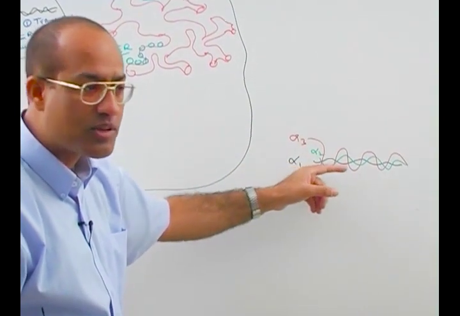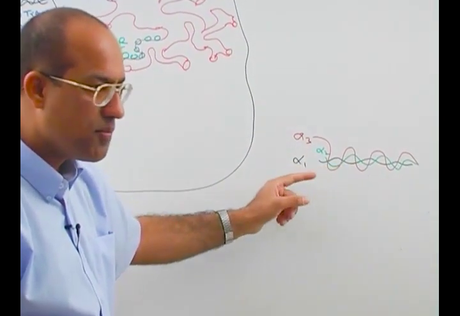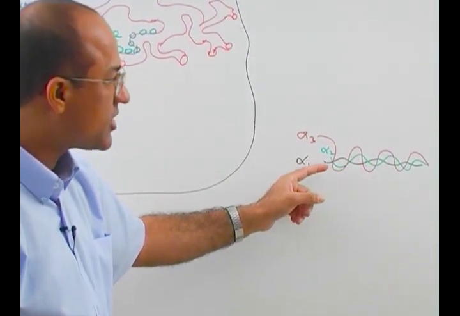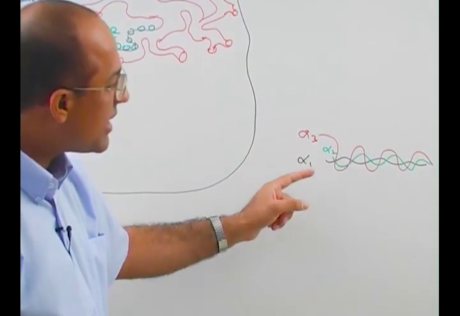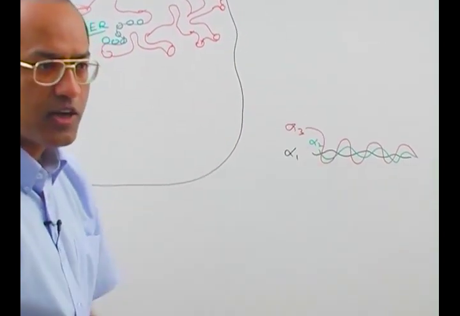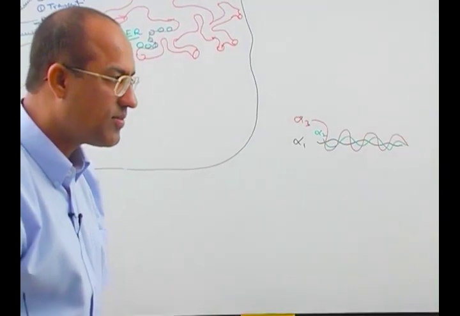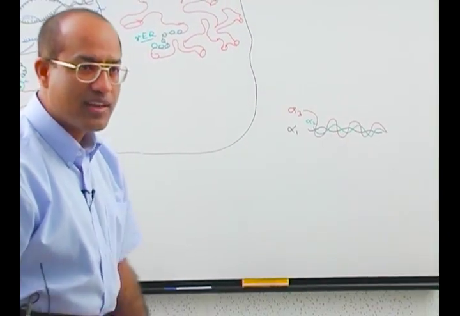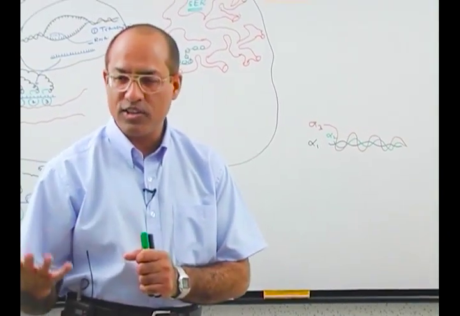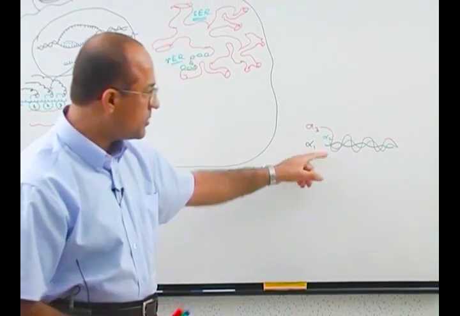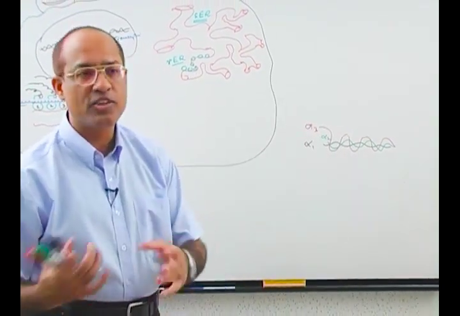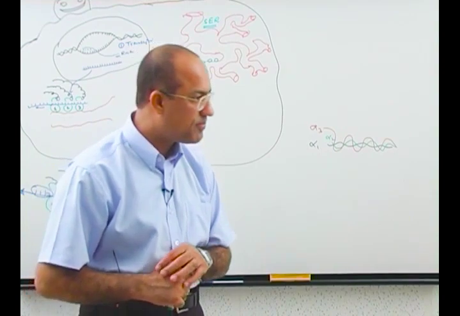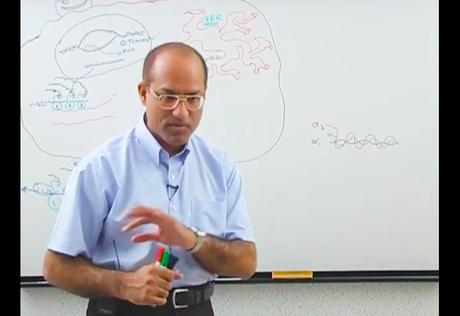And 3 different types of peptide chains will be made. All of these peptide chains are alpha chains, but they are slightly different from each other according to amino acid sequence. It means to synthesize collagen molecules with different combinations, there are multiple genes present in our genomic setup. Am I clear? Yeah. Sure?